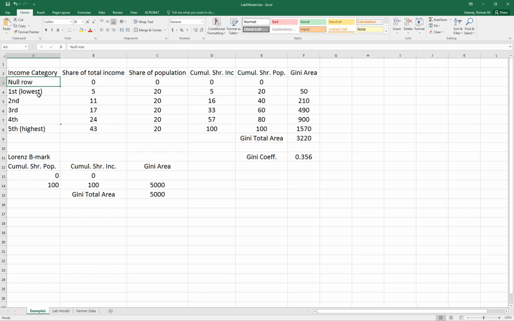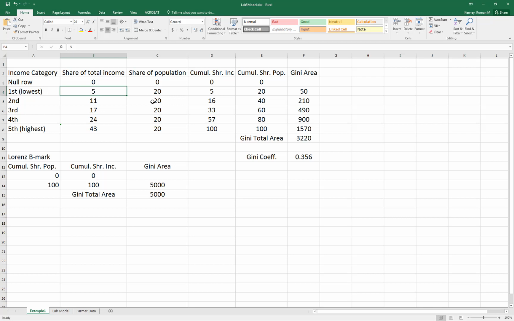Okay, so if we move across here, the important thing for the Lorenz curve and for the eventual Gini calculation is to convert these shares to cumulative shares. Okay, so it's not that they have 5%, it's that it adds 5% to the cumulative income, while adding 20% to the population.